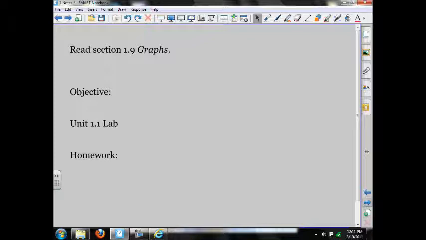We're on page 14. Let's spend about 5 minutes or so. I want you to read that section real quick on the graph.